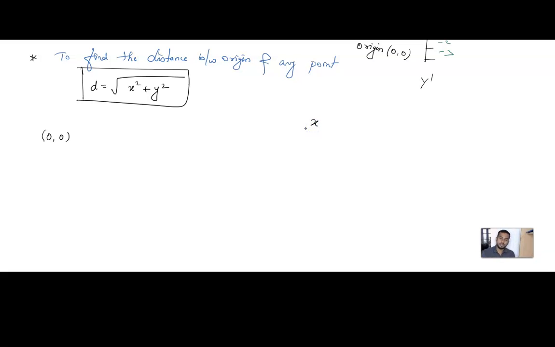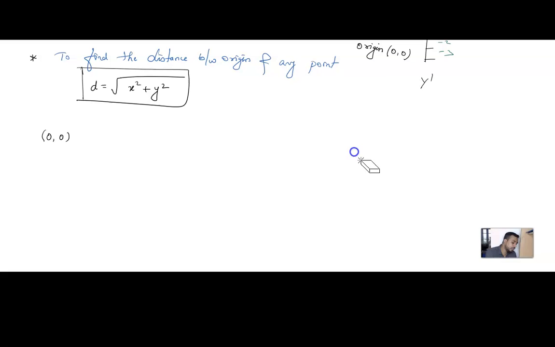Any one value, we write as x. If we have two values, then we write x1, x2. Three values, then x3. Four values, then x4. It's a common thing. If it is more than one value, we write x1, x2, x3, x4. Same way, y, then y1, y2, y3, y4.